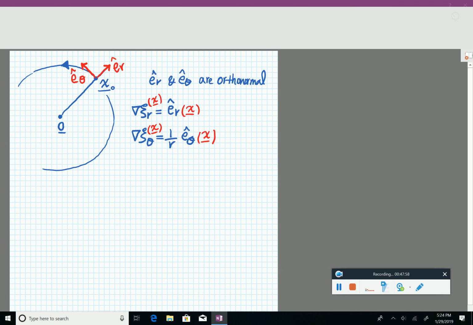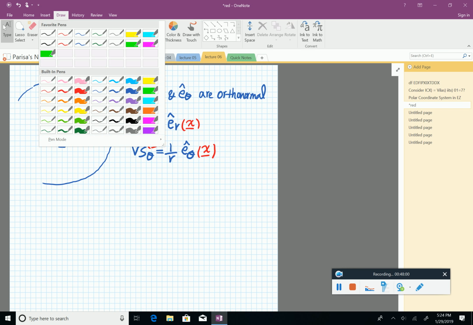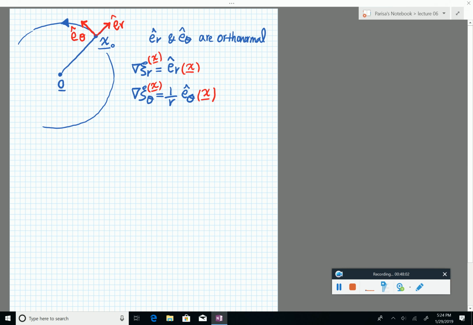So maybe I write that they are not constant. In comparison, in Cartesian coordinate system, the gradient of psi i was just E_i, constant, nice. I could easily show you. I debated with myself whether to show you or not. I decided not to.